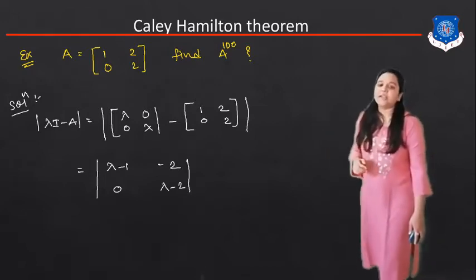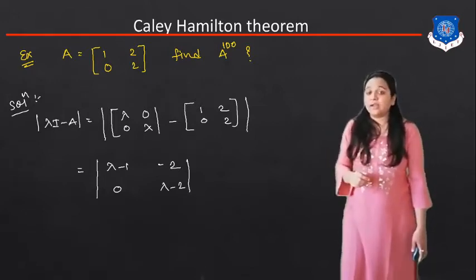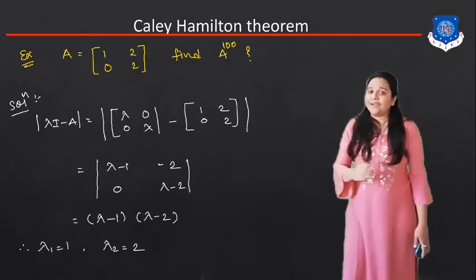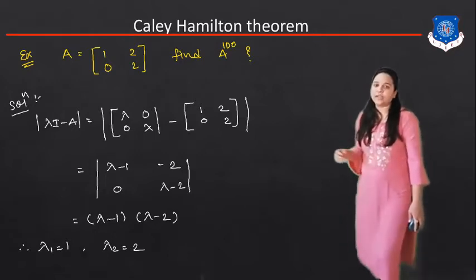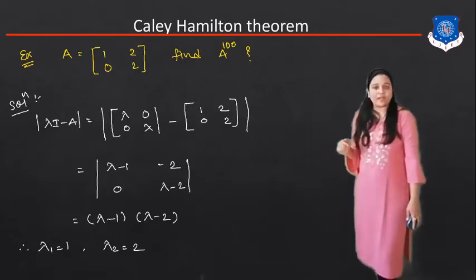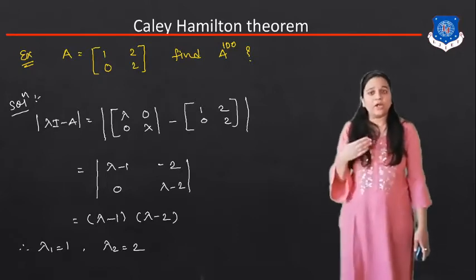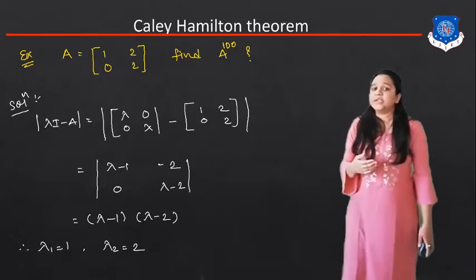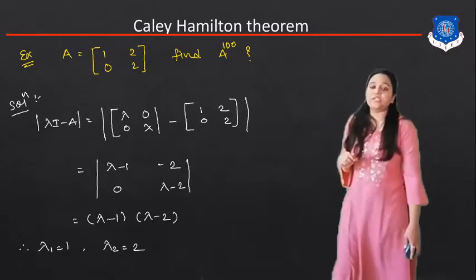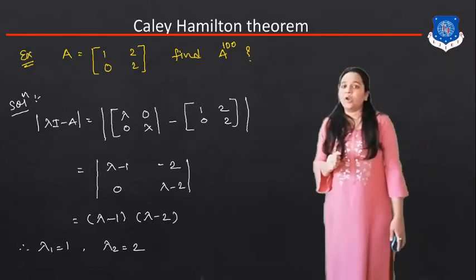Simplifying this determinant, we get (lambda minus 1)(lambda minus 2) minus 0 into minus 2, which is (lambda minus 1)(lambda minus 2). Now we find lambda 1 and lambda 2: lambda 1 is equal to 1 and lambda 2 is equal to 2. These are the roots of this matrix.